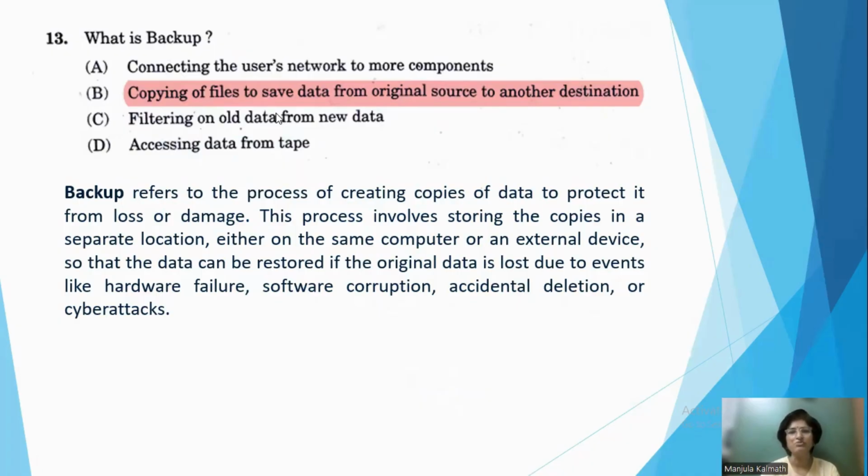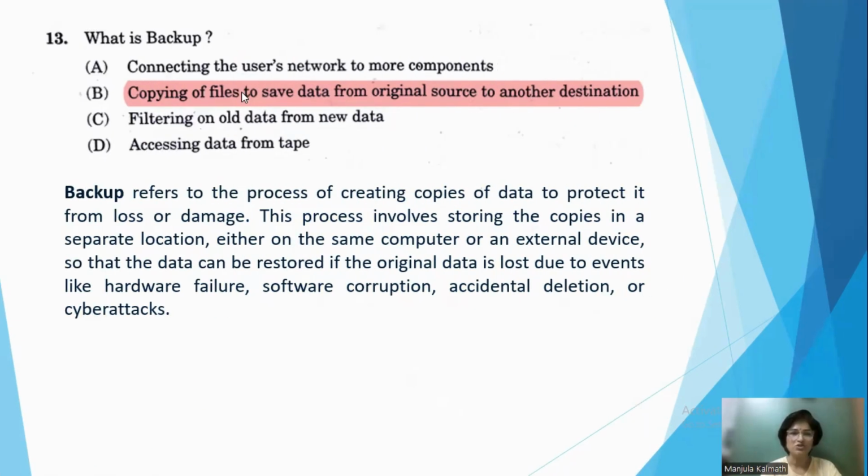Later, if any problem arises in the software, to reinstall it we store one more copy of it in the D drive or E drive, other than C. When we install any software, by default it goes to the C drive. Its duplicate copy we store in the other drives, and that is called a backup. It may be in another drive or it may be on external devices also.